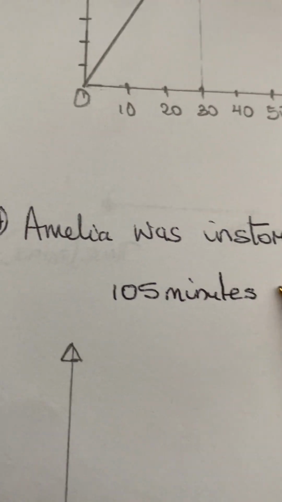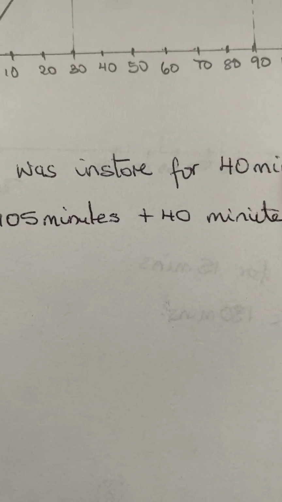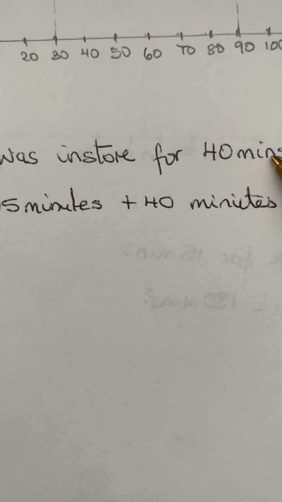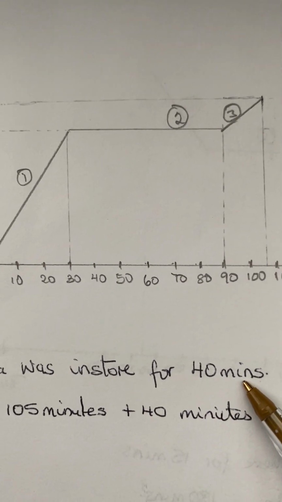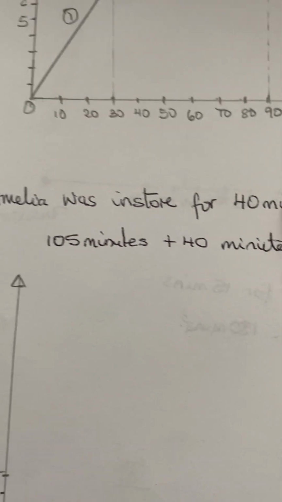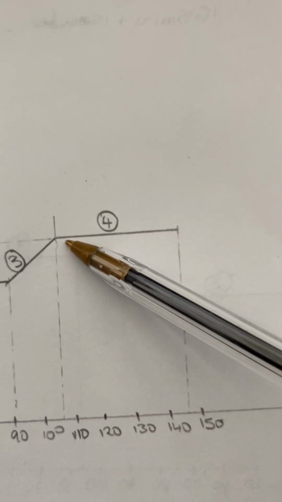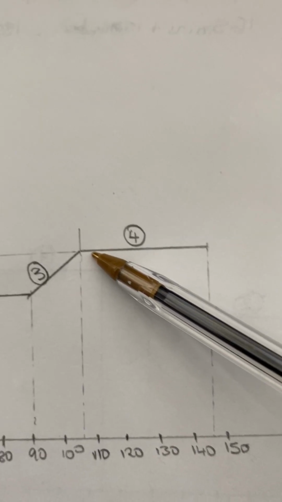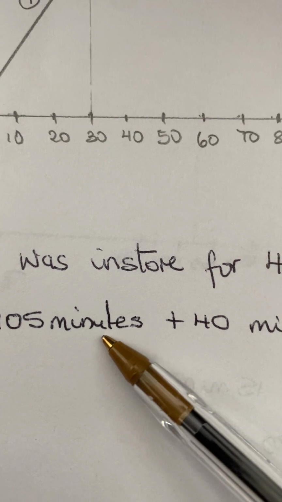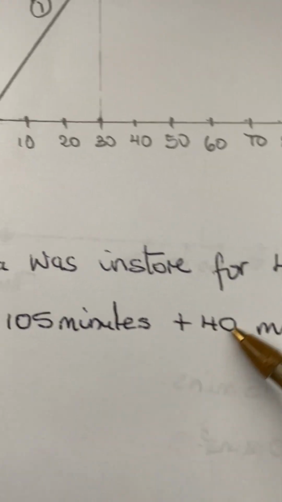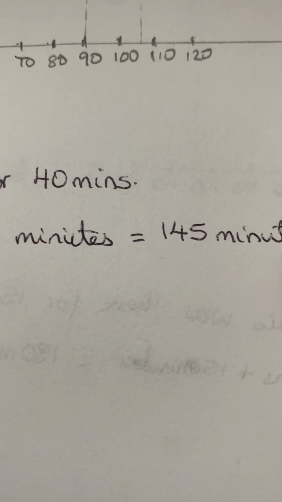Now, Amelia was in the store for 40 minutes. So she got to the shop, which is the third part we have seen, and she was there for 40 minutes, so she's not traveling. 40 minutes added to her already 105 minutes will give you 145 minutes.